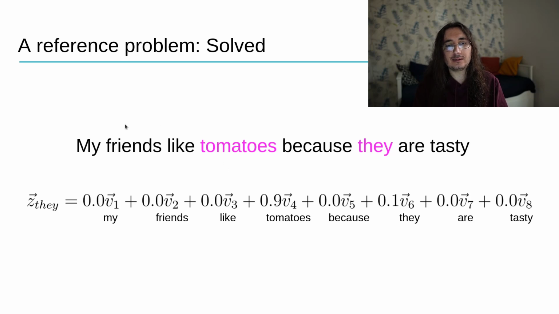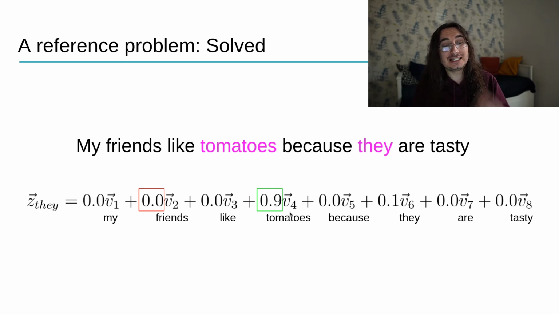It could be tomatoes and friends, we said. And as you can see, friends has a score value of 0. So friends doesn't affect the attention vector of "they" at all. Rather, you have tomatoes with a score value of 90%, so 0.9.